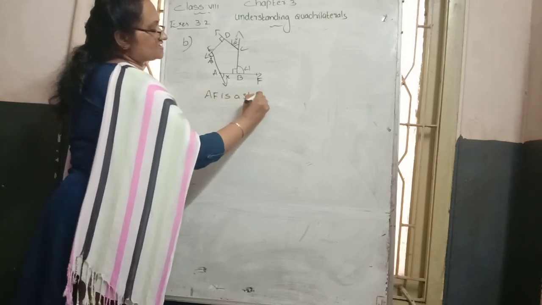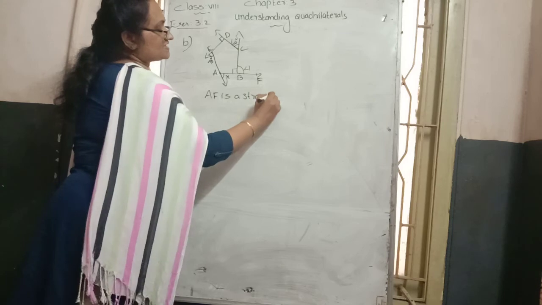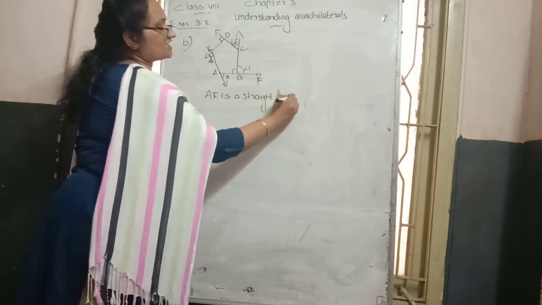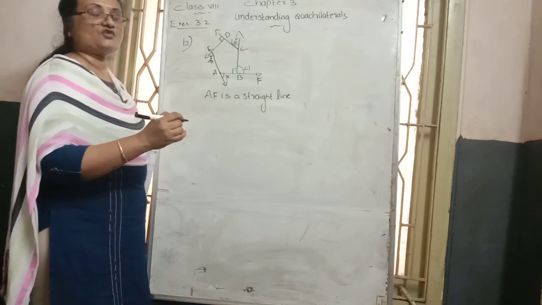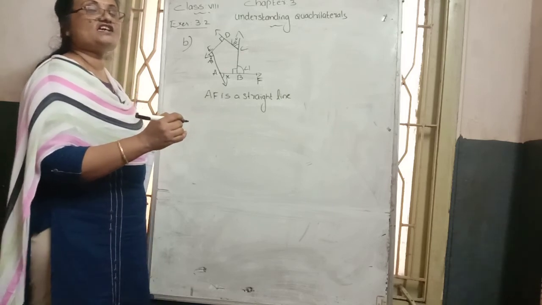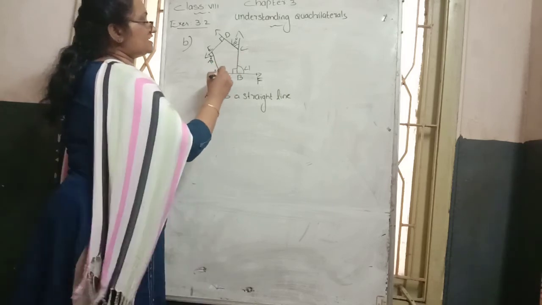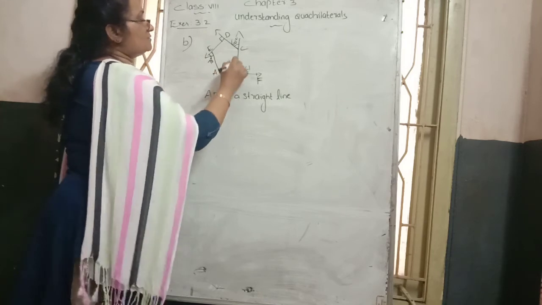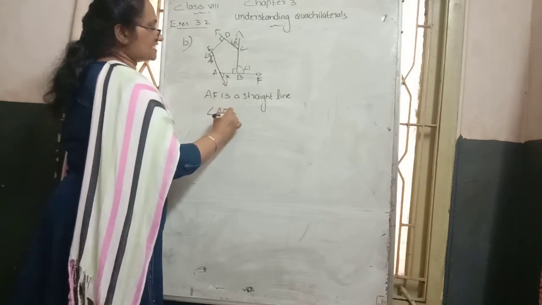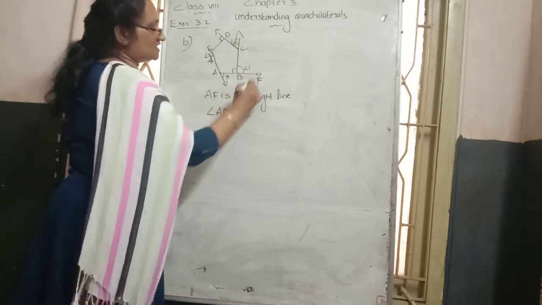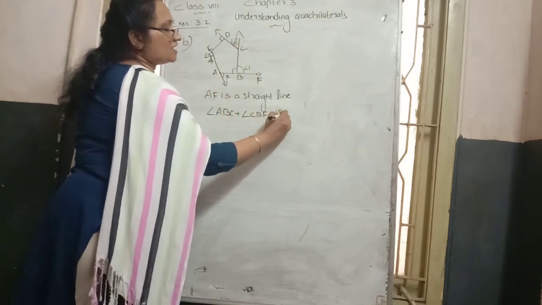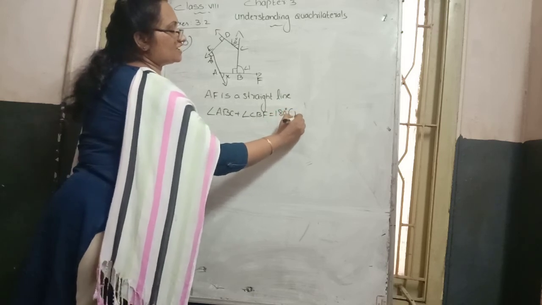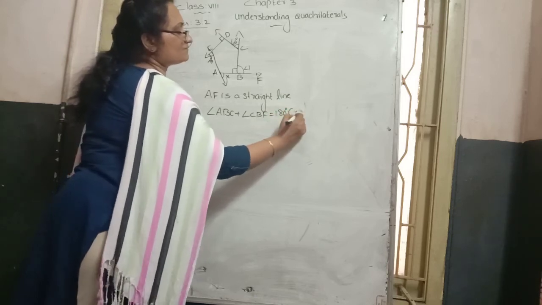Since it is a straight line, we apply the linear pair property. For a linear pair, the sum of the two angles is 180 degrees. Which is the linear pair? Angle ABC plus angle CBF is equal to 180 degrees.